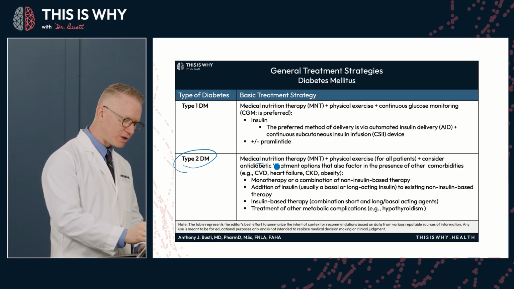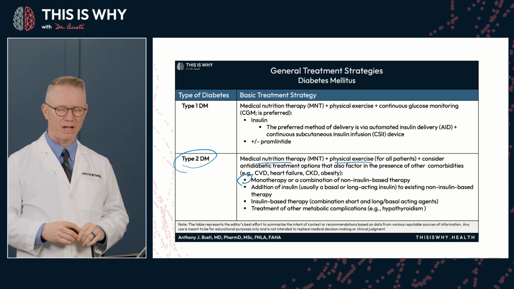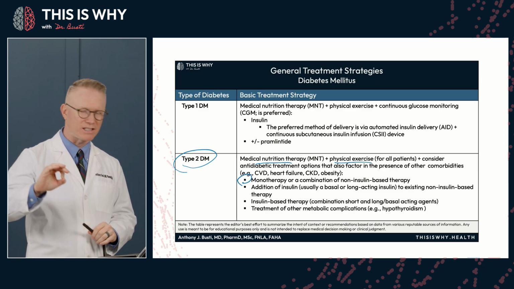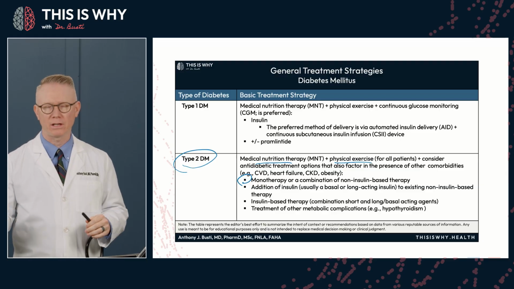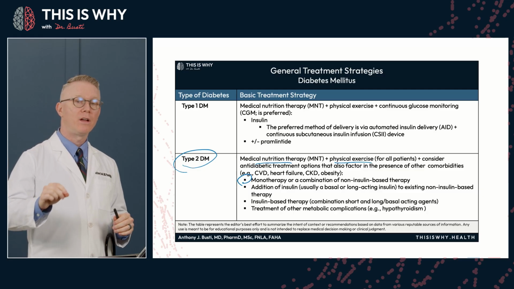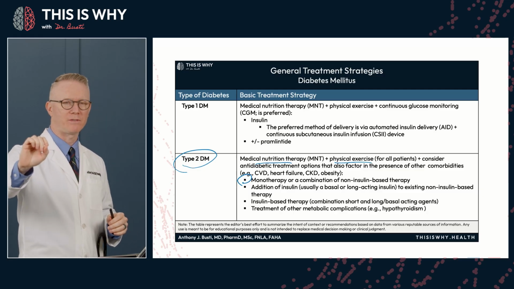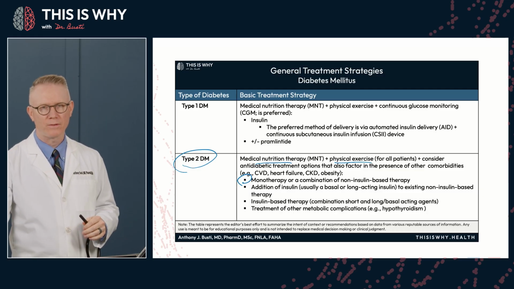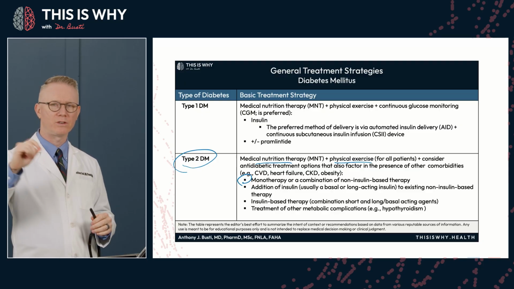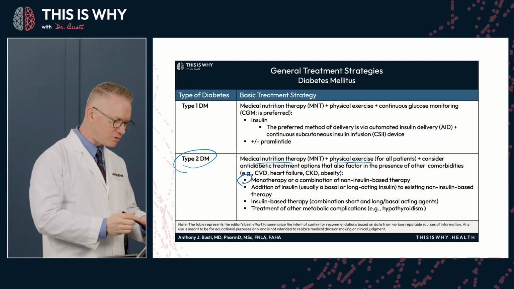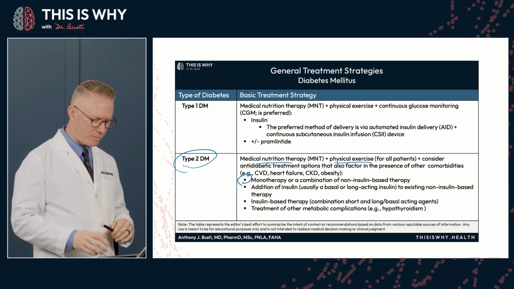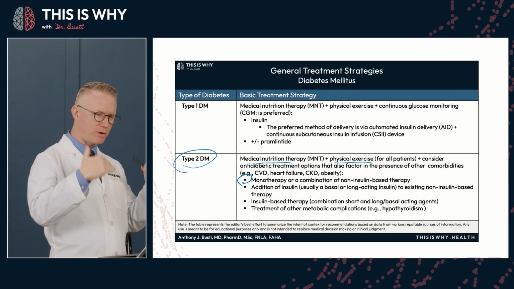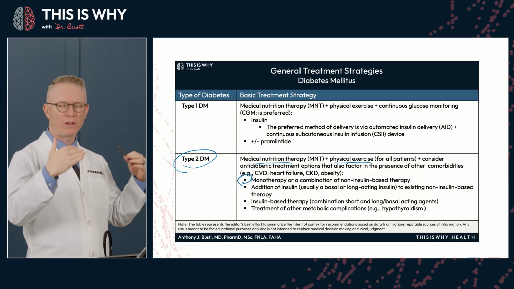So we have medical nutrition therapy, physical exercise, and then the first bullet says monotherapy or combination non-insulin based therapy. So this class is a non-insulin based treatment. Even though it facilitates the release of insulin, it is not insulin itself, right? So we would consider this as a first treatment line option in combination with other drug therapy treatments. And then eventually you add on insulin, basal, and other insulins.